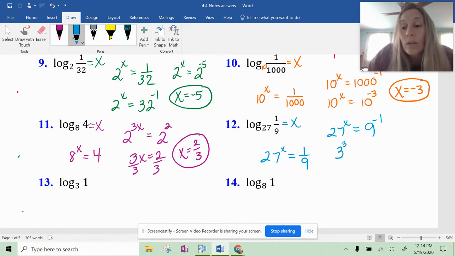So 3 to the 3rd is 27. 3 squared is 9, so that becomes 3 to the 3x, and over here you get 3 to the negative 2. Now I can get rid of my bases and just solve for that x, and I get x equals negative 2/3.